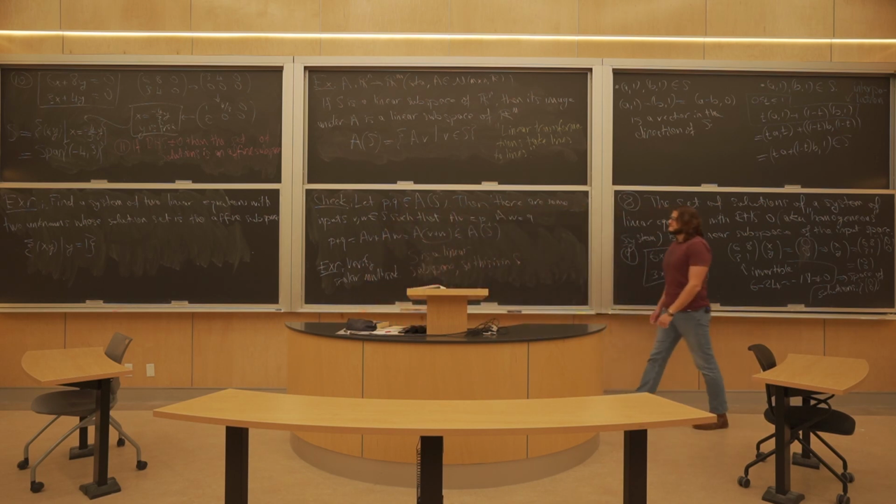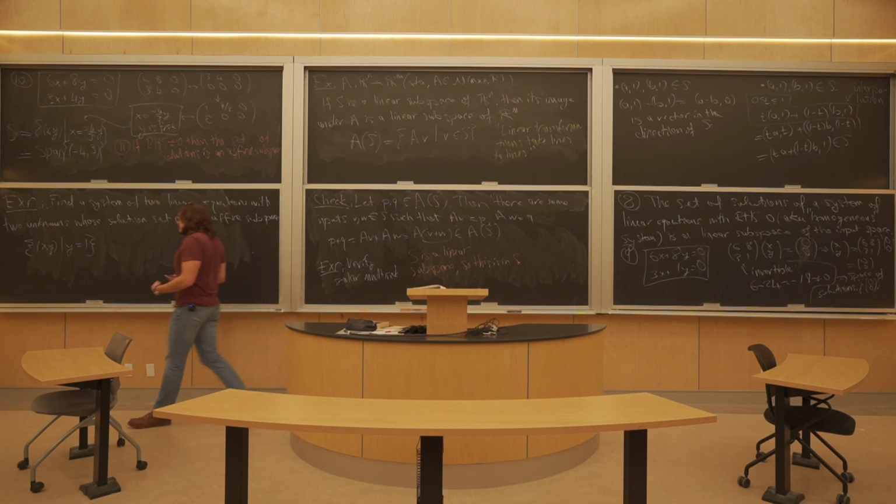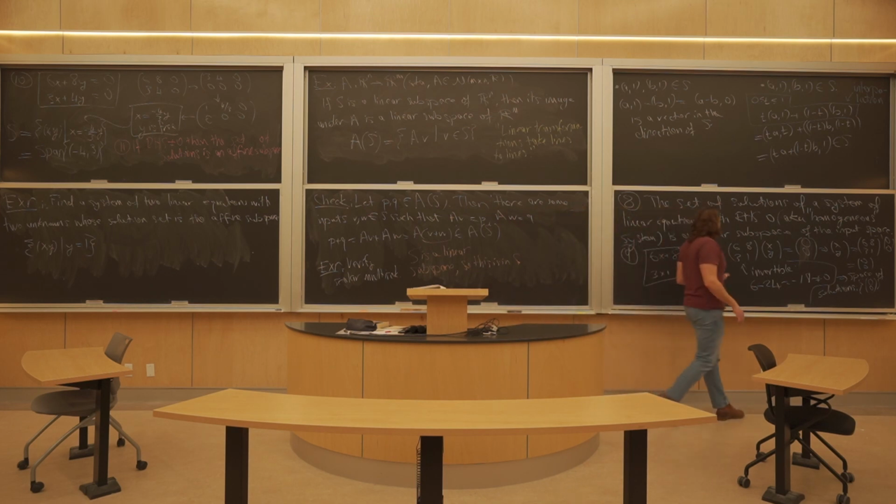Okay, so this is one way of generating linear subspaces. I can take a linear transformation, take some subspace in its input space, and push it forward using my linear transformation to generate a linear subspace in the output space. That's one. I can do it backwards as well. That is to say, if I had a linear subspace in the output space, I can pull it back using my transformation.